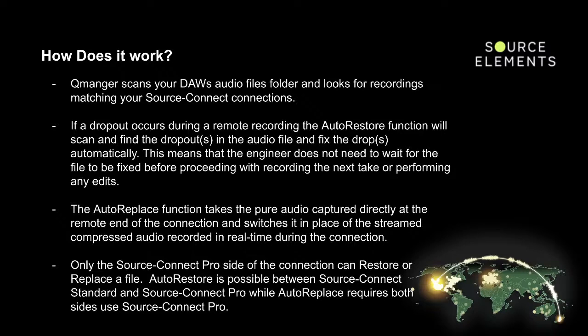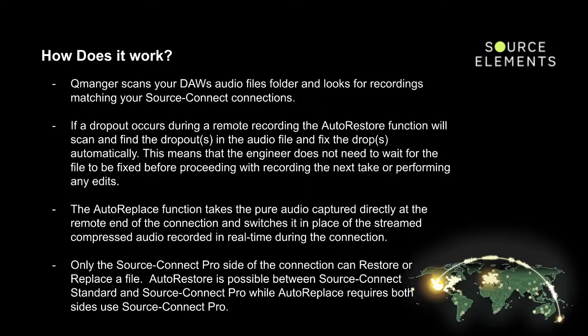So how does it work? The Queue Manager scans your DAW's audio files folder, and it looks for recordings that match your Source Connect connections. If a dropout occurs during a remote connection, the Auto Replace function will scan and find the dropouts in the audio file, and it will fix the dropouts automatically.